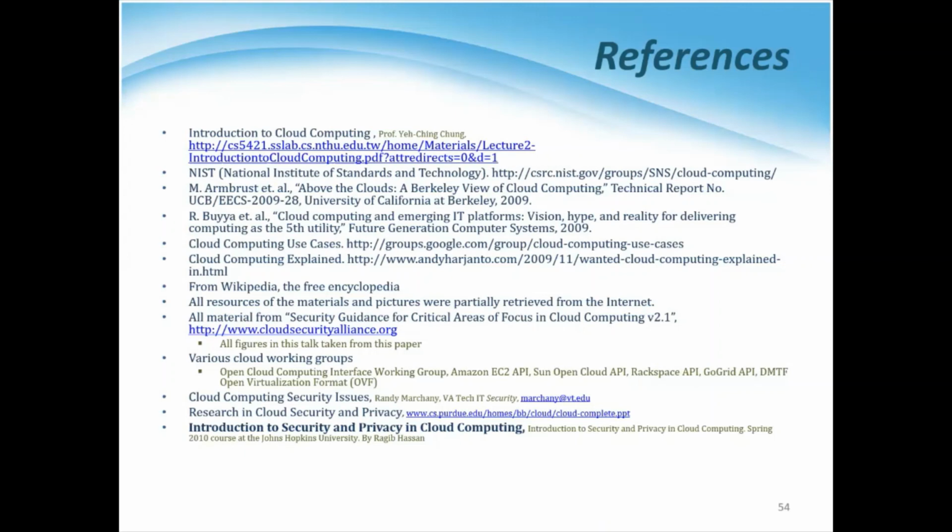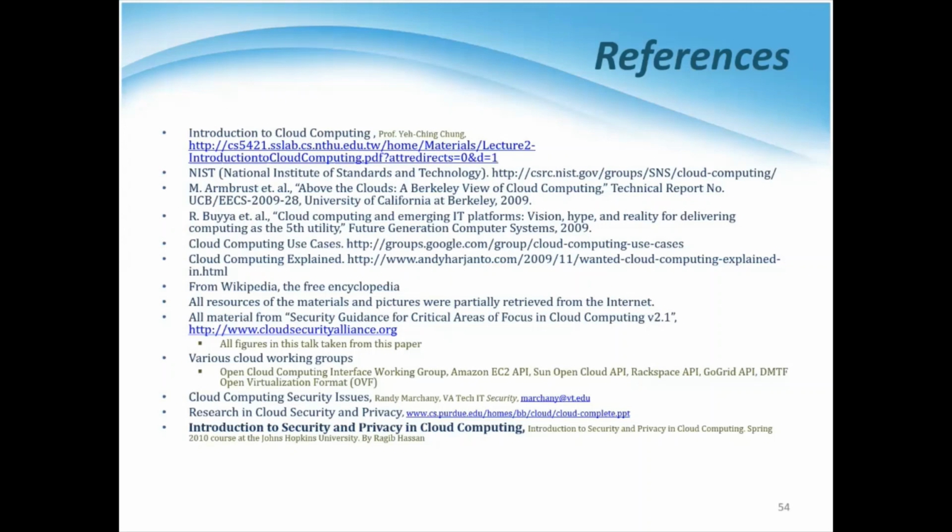And we have another two major cloud security references. One is Cloud Computing Security Issues by Randy Marchini, BA Tech IT Security. Another is Research in Cloud Security and Privacy from Purdue University. Just click this and you will get some clarity about what cloud security is. The last one is Introduction to Security and Privacy in Cloud Computing, from the Security and Privacy Spring 2010 course at Johns Hopkins University.